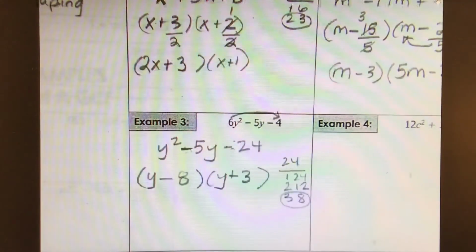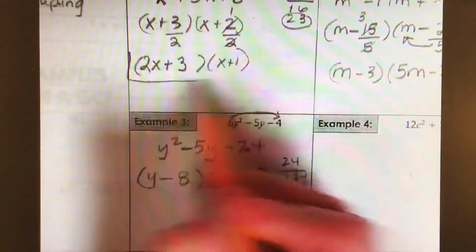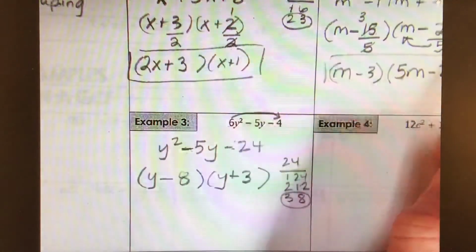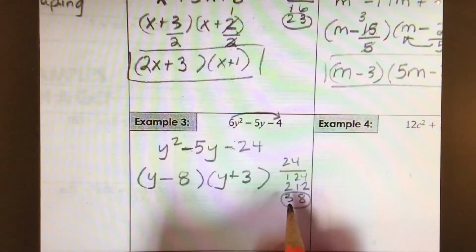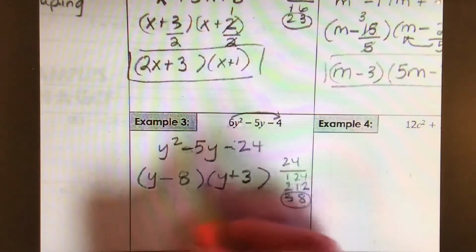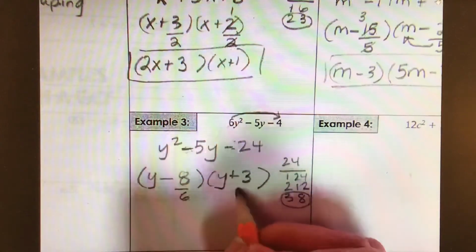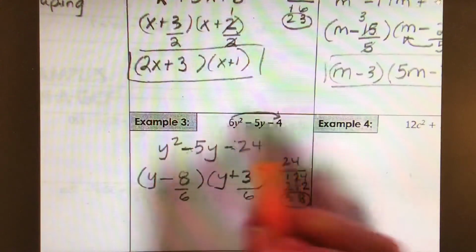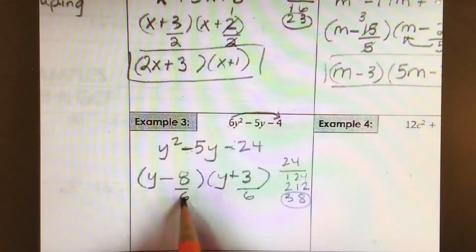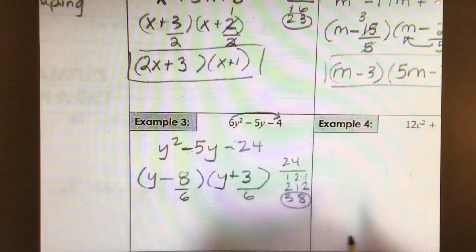Okay, next step is that, oh yeah, I should totally have boxed my answers. Over here I'm going to divide these by 6, because remember what I did is I multiplied this by this, so I want to undo that, if you think about it. Okay.